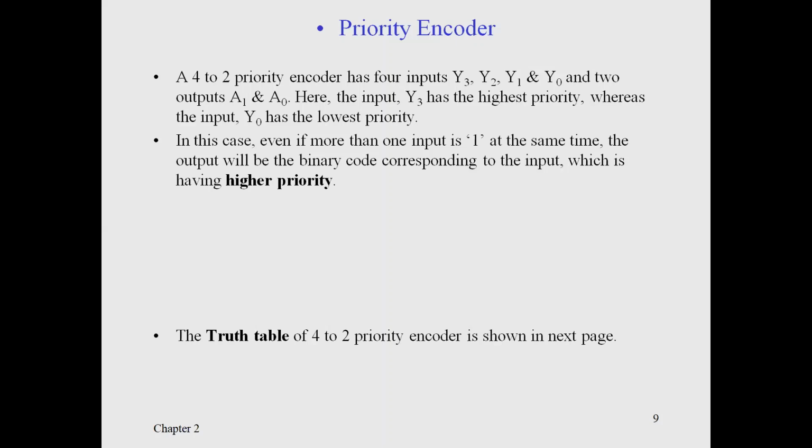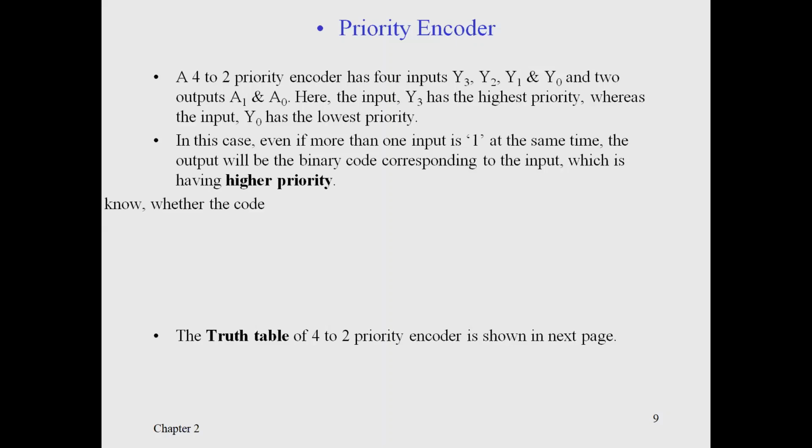Take the example of a keyboard: when two or more keys are pressed at one time, the priority system has to come into play, so that the input based on the priority system is fetched by the device, and the proper output is obtained. So that is what priority encoding actually is.